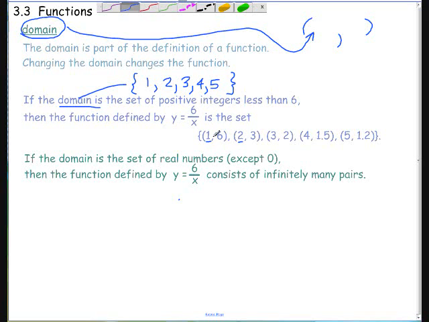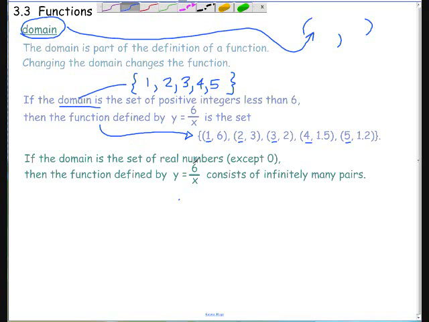I put a 2 in, I have 6 over 2, so y equals 3. I put a 3 in, y equals 2. I put a 4 in, it becomes 3 halves or 1 1/2. I put a 5 in, 5 into 6 gives me 1.2. So there, I used the full domain, 1, 2, 3, 4, 5. That's all there is in the domain, and now I see the function expressed as ordered pairs.